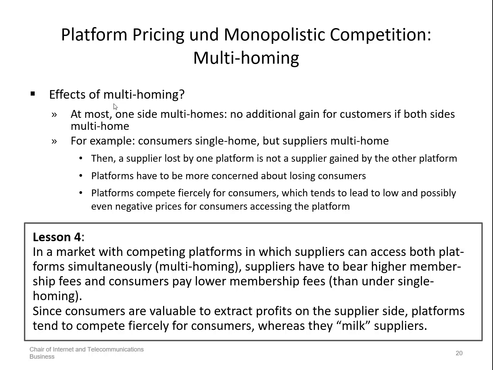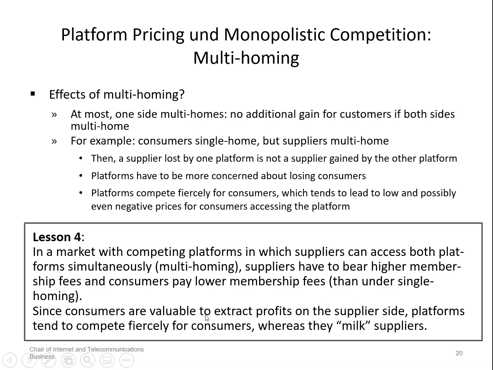So platforms compete fiercely for consumers, which tends to lead to low and possibly even negative prices for consumers accessing the platform, while charging suppliers for access to consumers. In a market with competing platforms in which suppliers can access both platforms simultaneously, multi-homing, suppliers have to bear membership fees and consumers pay lower membership fees.